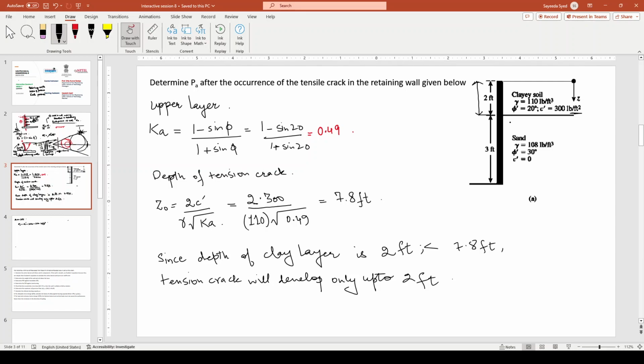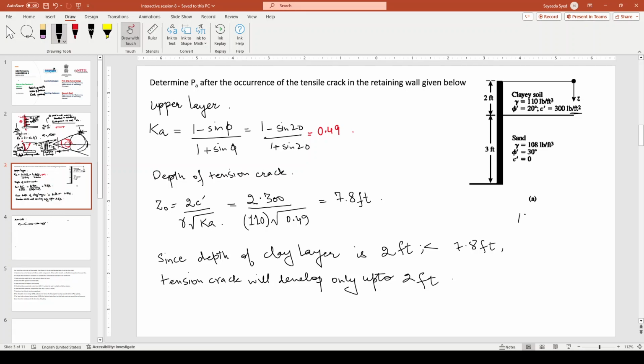You understand my point? Yes, because tension crack will not develop in sand. This is a property only of clay soil. Sand, it will not develop.